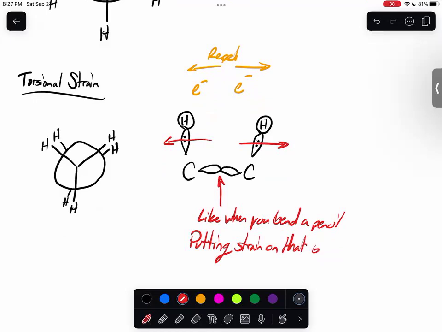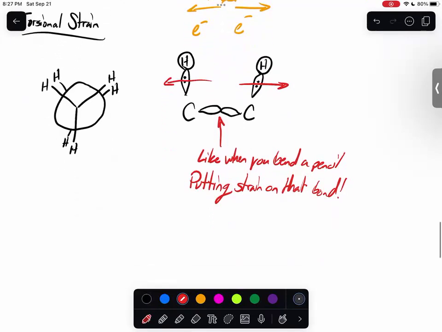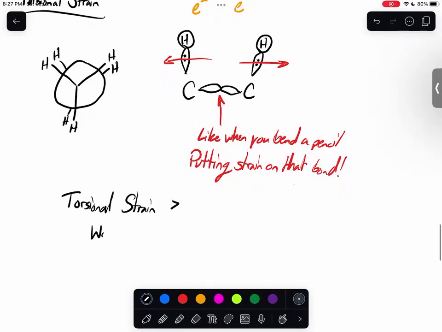So it's putting strain on that bond. And that strain is much more than the steric strain, because essentially the electrons want to push away as hard as possible. Sometimes atoms can move a little bit to get out of the way. So one thing that is true is that torsional strain is always higher in energy, or we can just say worse for stability, than steric strain.